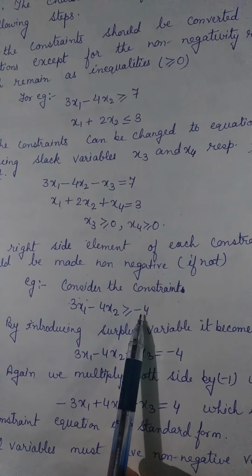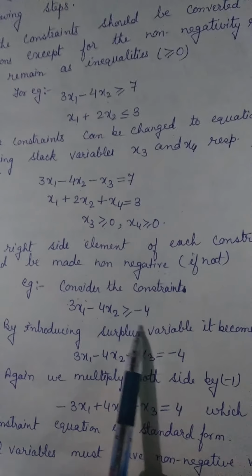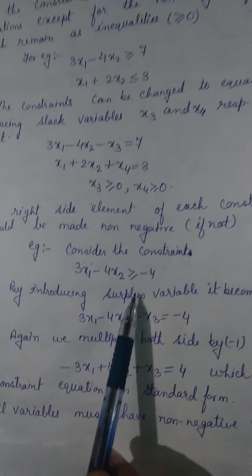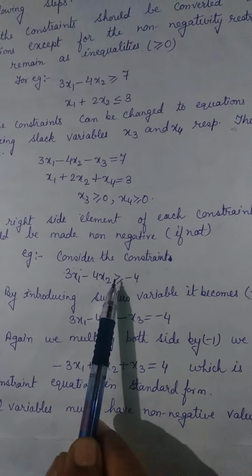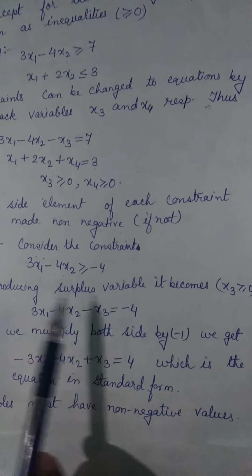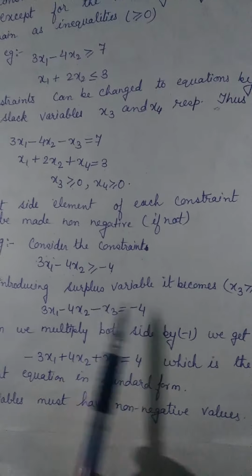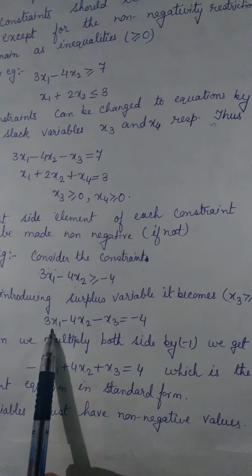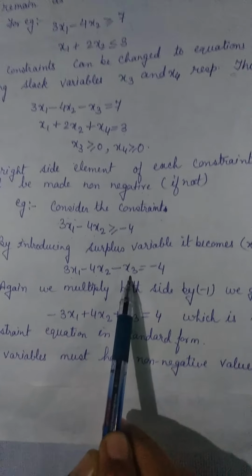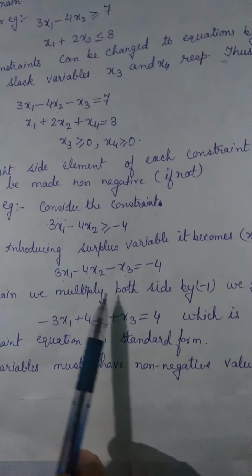So here the right side element is negative. Since the sign is greater than or equal to, we'll introduce a surplus variable, and on introducing the surplus variable, it becomes 3x1 minus 4x2 minus x3 is equal to minus 4.